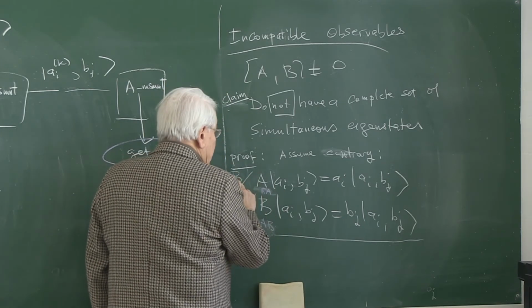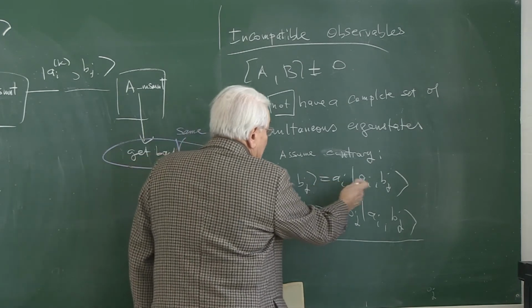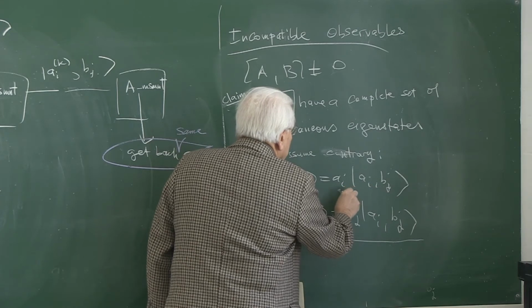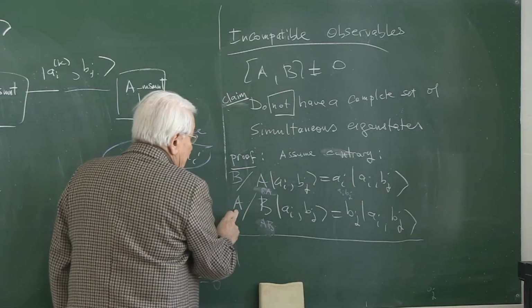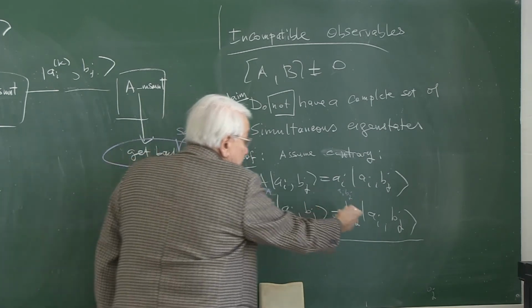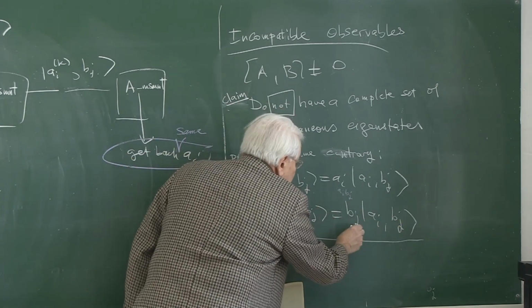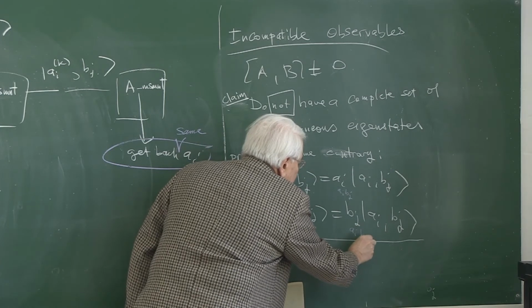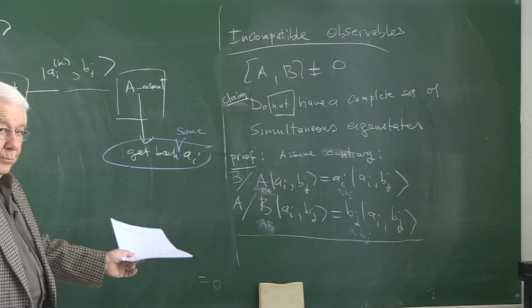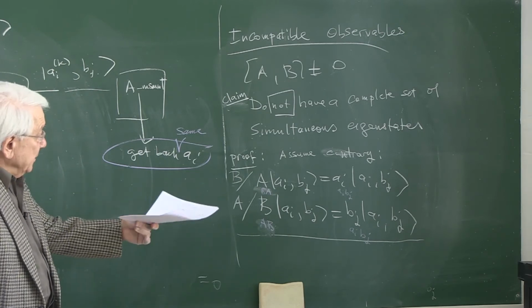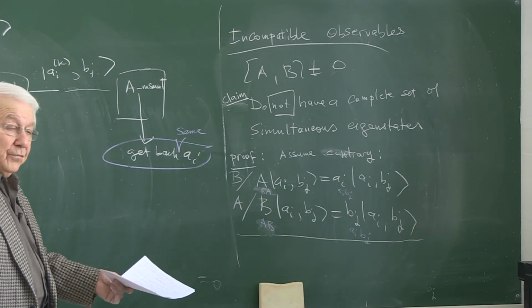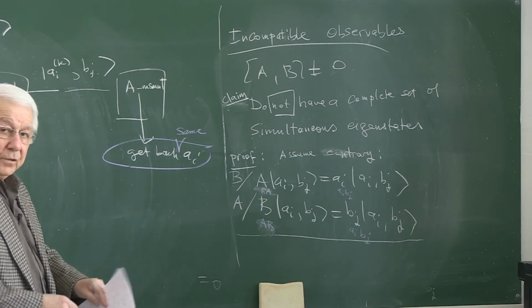Whereas in the right-hand side, B comes, jumps over this number, acts on the ket, gives you AI, BJ. And this A again comes to the right-hand side, jumps over the little b. It's a number, acts on the ket, gives you AI. So the right-hand side, I have AI, BJ. So these purple color second lines are what we obtain after the action of these operators on those equations.